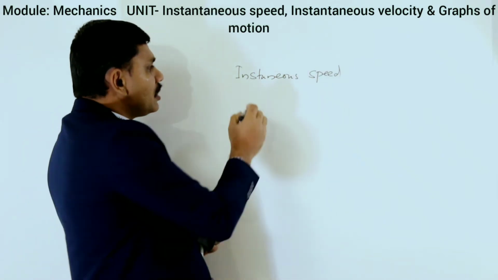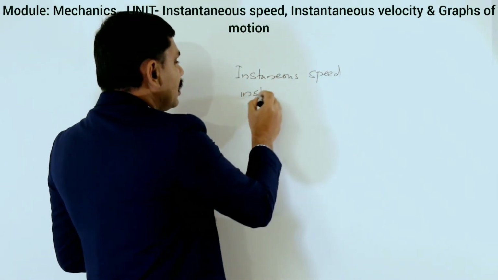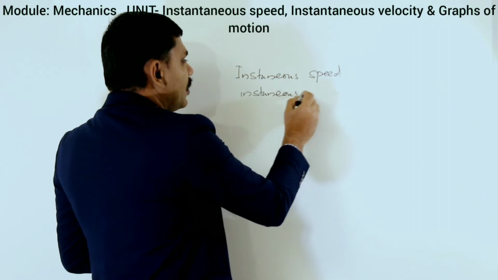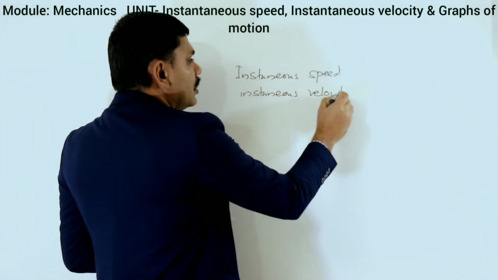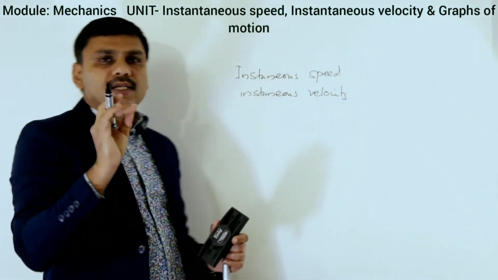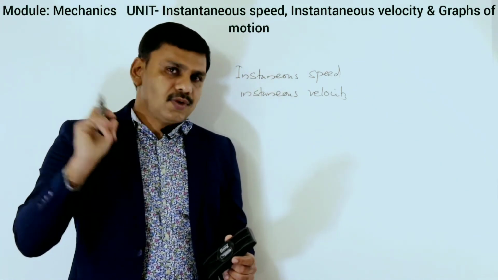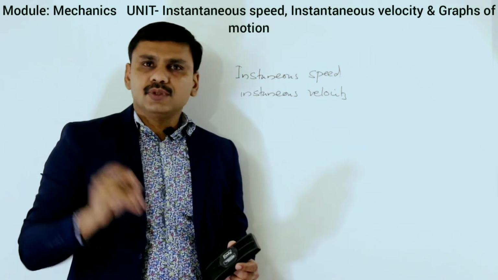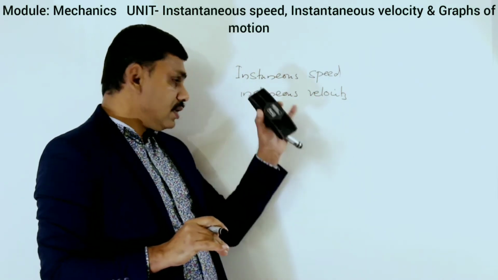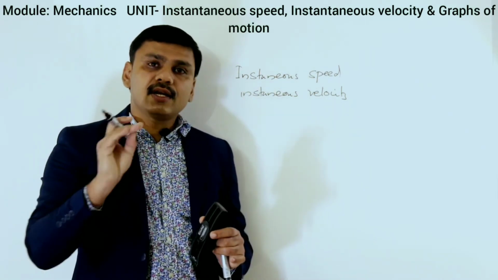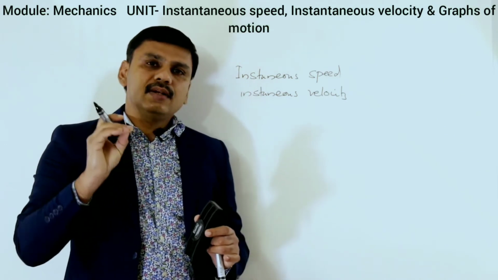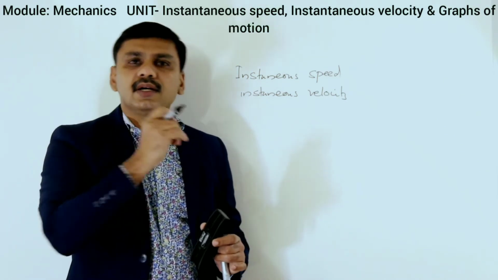Then what do you mean by instantaneous velocity? Instantaneous velocity is the same way. It is the velocity of the particle at a particular time, because the velocity is not constant. It is changing from one time to another. So we are calculating instantaneous velocity at a particular time.